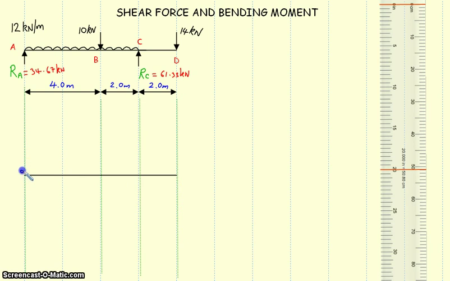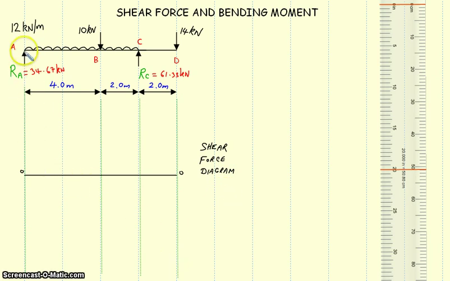So I'm going to put a 0 at each side, and I'm also going to label this. This is our shear force diagram.